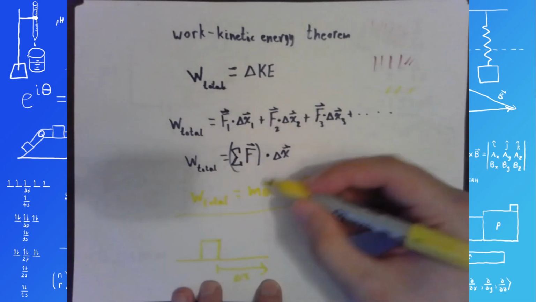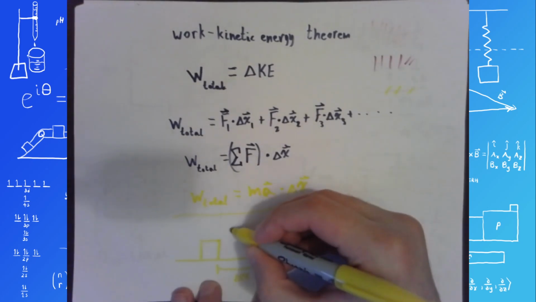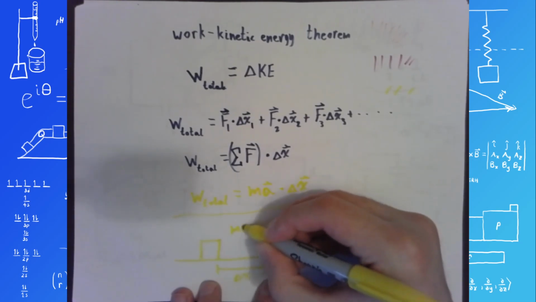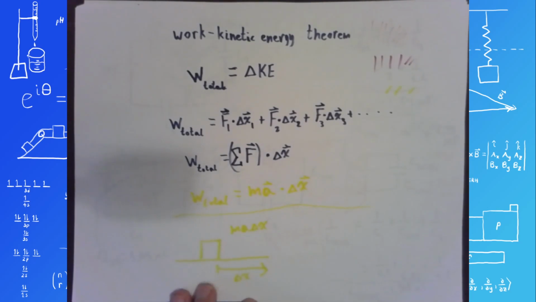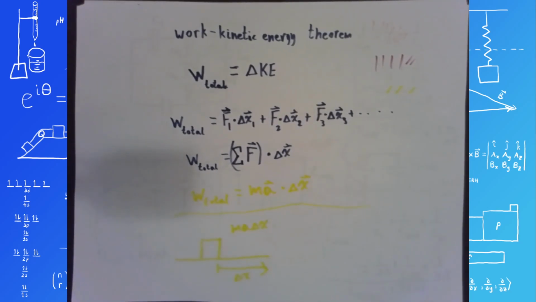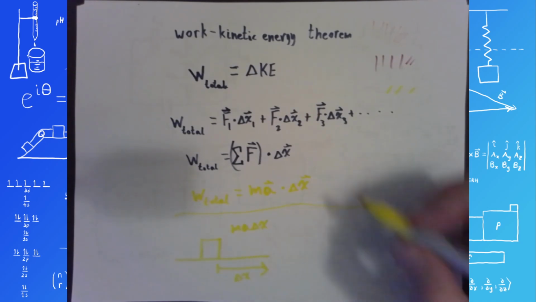So this just becomes m times a delta x. Okay, well, if I use my equations of kinematics, I can replace a times delta x with another quantity.